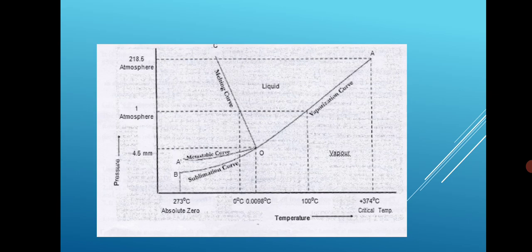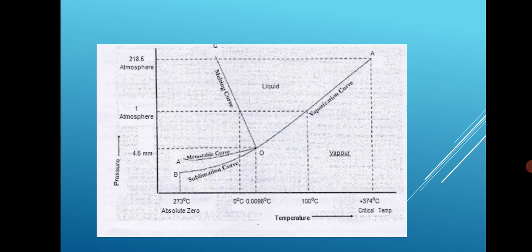Curve OA is called the vapor pressure curve. It represents the equilibrium between water and vapor. At any point along the curve, the equilibrium exists between water and water vapor. Here, the degree of freedom of the system is 1, that is, univariant. By using the phase rule, F is equal to C minus P plus 2.